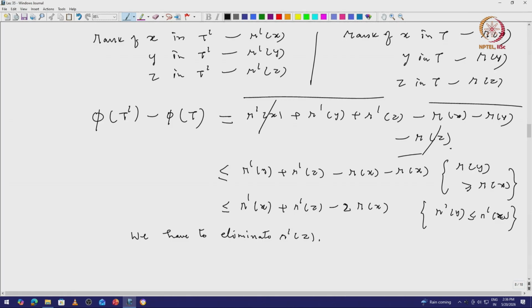So we need a relation connecting r dash x, r of x and r dash z. So you express r dash z in terms of this and then put that value over here. That way r dash z will go away and what you will have is only r dash x and r of x. That is the important point.